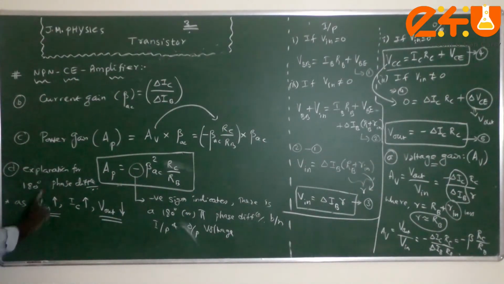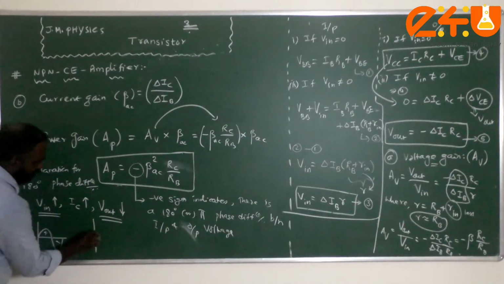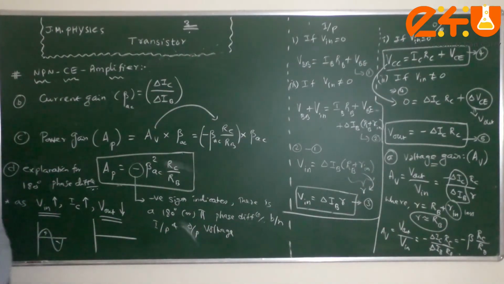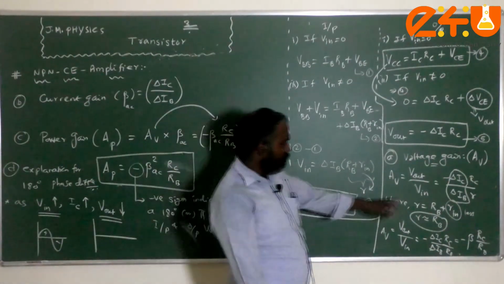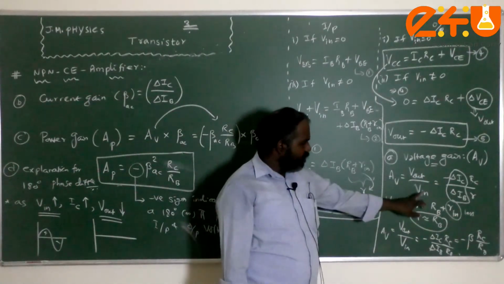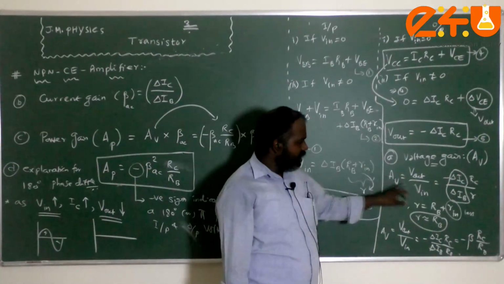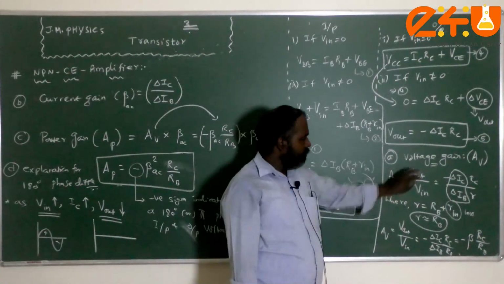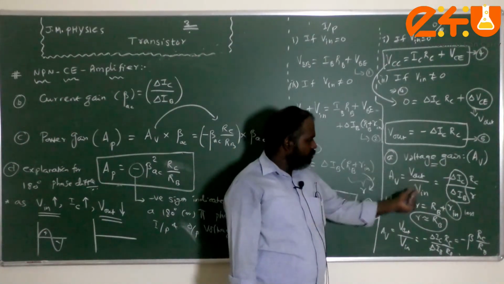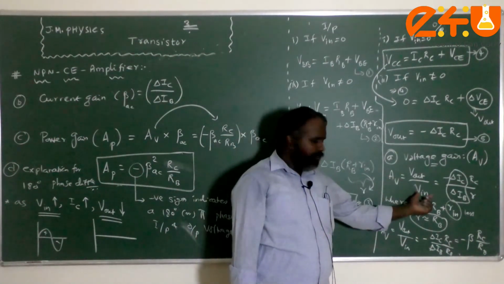That's why when the input is in the positive cycle, the corresponding output will be in the negative cycle. But you see that V out equals AV times V in. That means V out has a magnitude this many times V in.